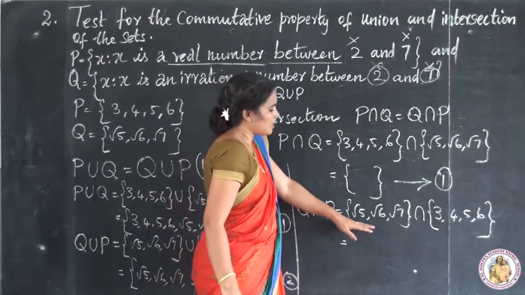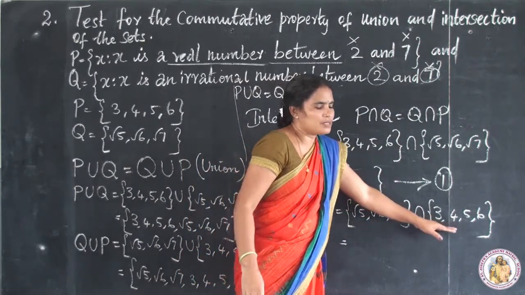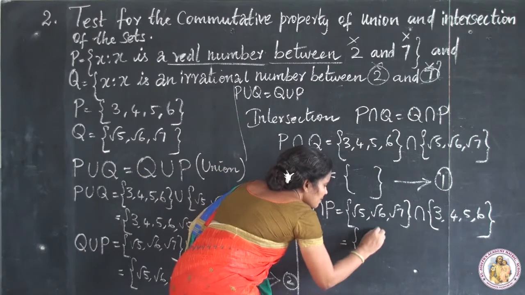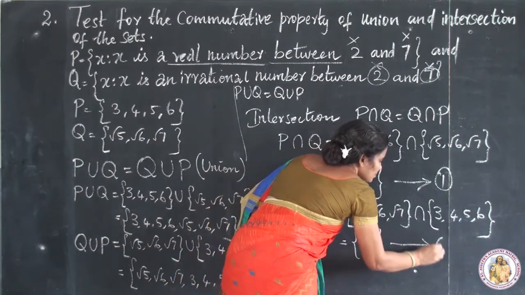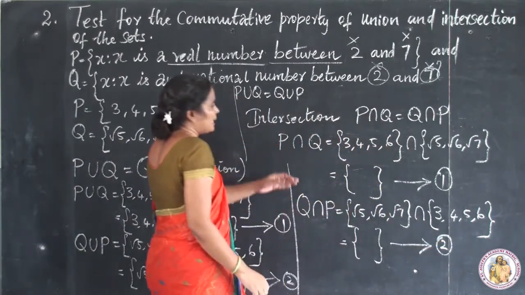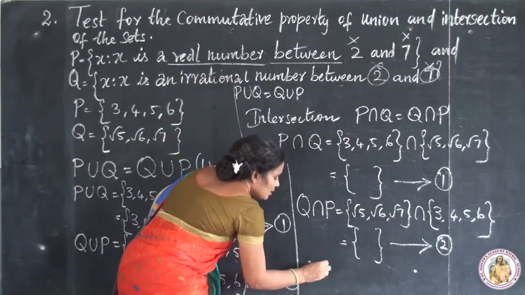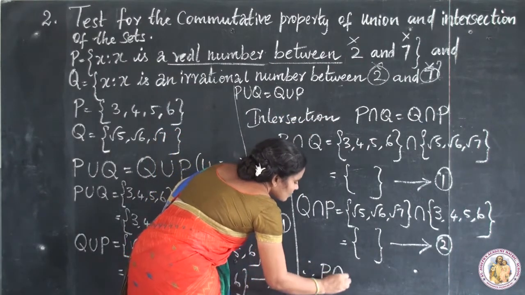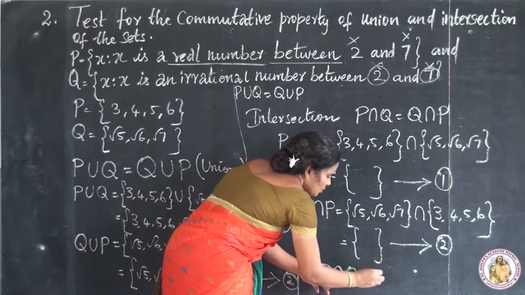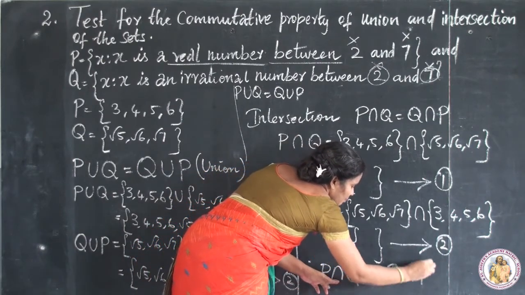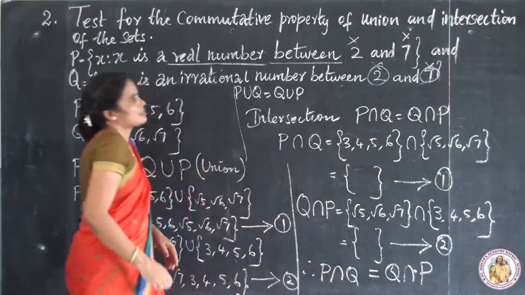Here also we don't find any common elements, so again it is a null set. Here it is very clear that P intersection Q is equal to Q intersection P. Hence it satisfies.